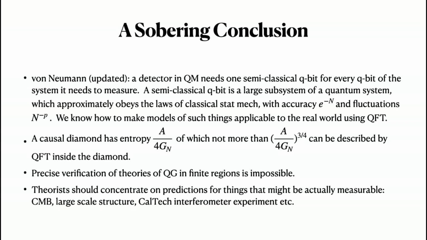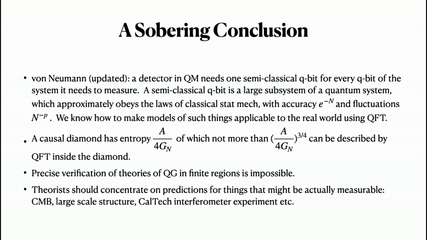On the other hand, von Neumann long ago taught us how to think about detectors. And the way you have to think about detectors in quantum mechanics is if you've got a system that you want to measure that has a certain number of qubits, your detector has to have, for every qubit you want to measure, a semi-classical qubit that can be entangled with the qubit in the system you're detecting.